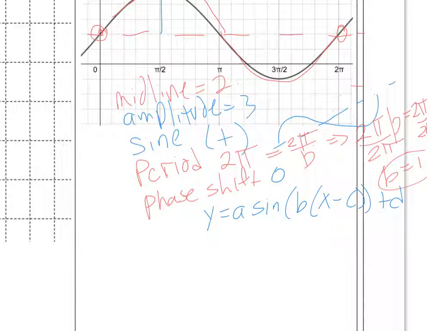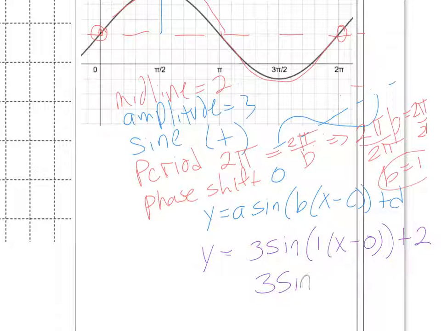All right, now let's put this thing together. So we're using positive sine. So positive amplitude 3, sine b of 1, x minus phase shift of 0, plus the midline of 2. You could also have written this as 3 sine x plus 2.